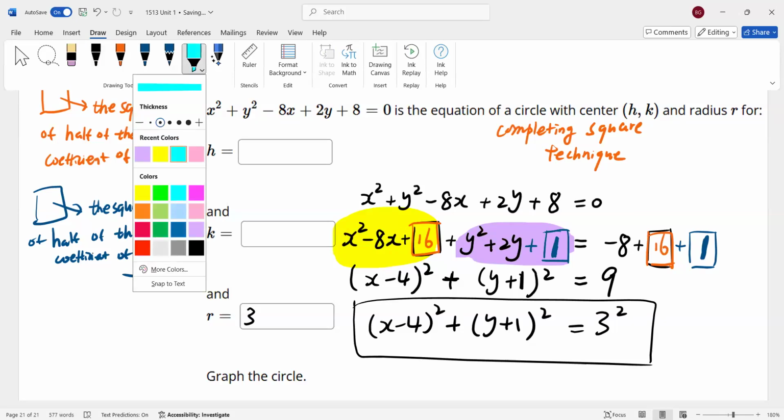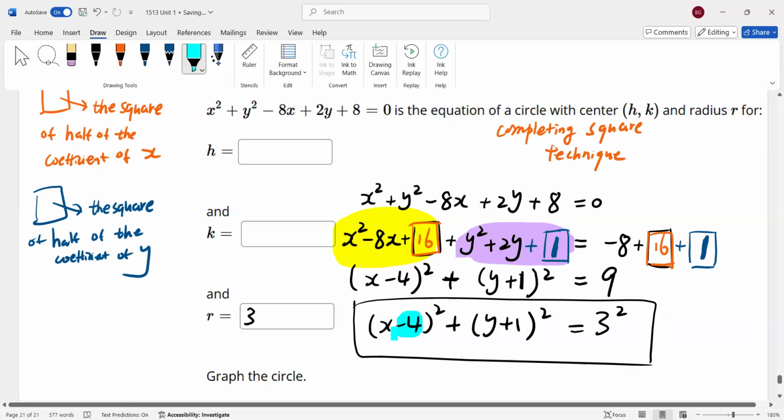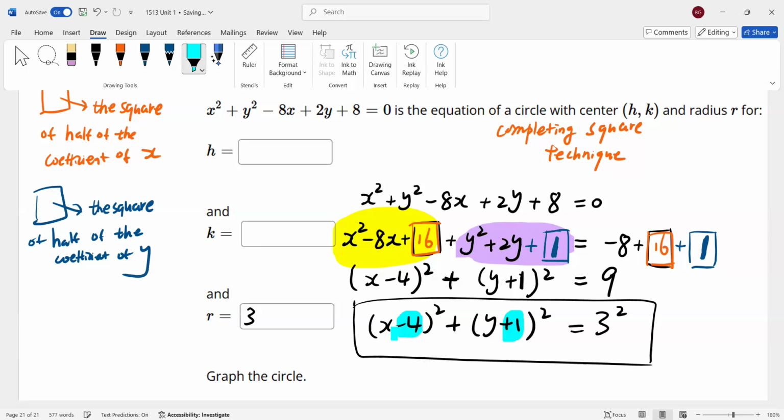Use the opposite. You see the number that is with x? Just take the opposite of the number. This number with y, take the opposite of the number. The center is opposite of the blue, +4, opposite of the blue, -1. That's the center. So h is 4, k is -1.